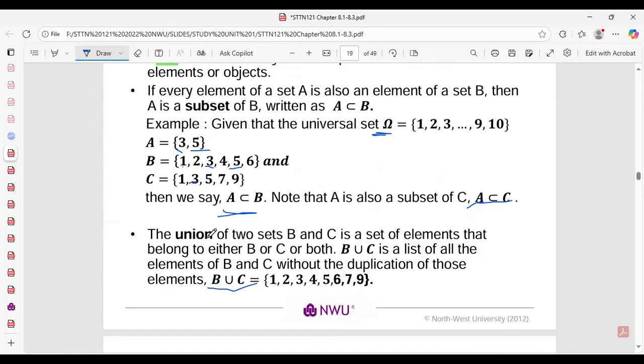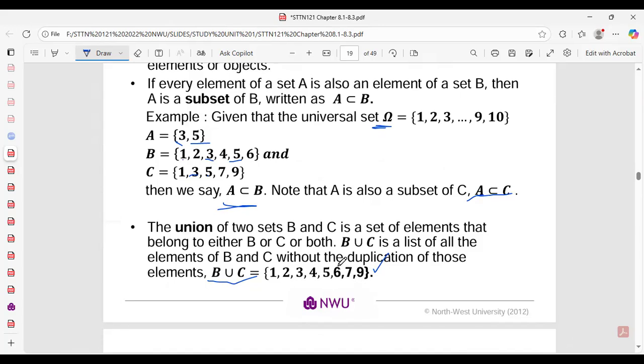So with B union C, you're going to include the values that are on B and C, which is 1, 2, 3, 4, 5, 6, 7, and 9. Because already 1 is here, 3 is here, 5 is here. So you don't have to say 5, 5. No. 1, 2, 3, 4, 5, 6, 7, and 9. That's how you get the B union C.